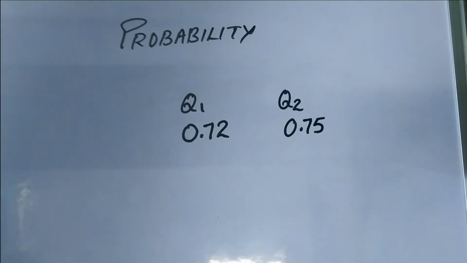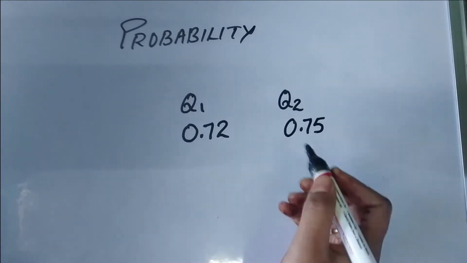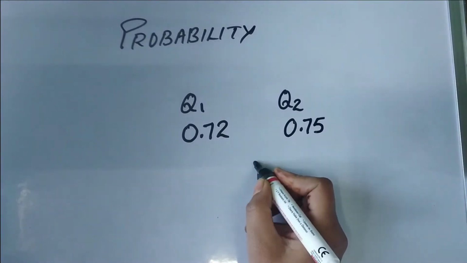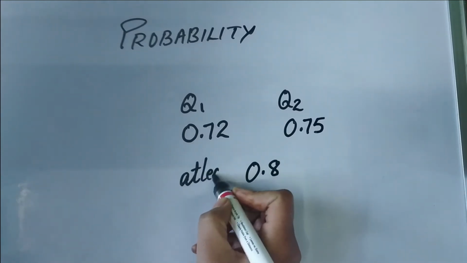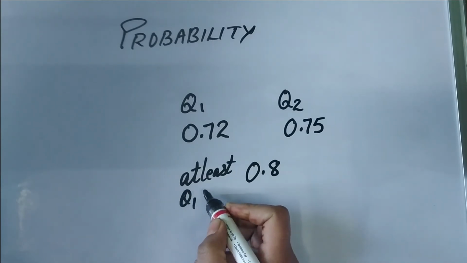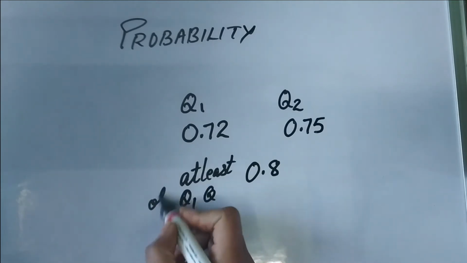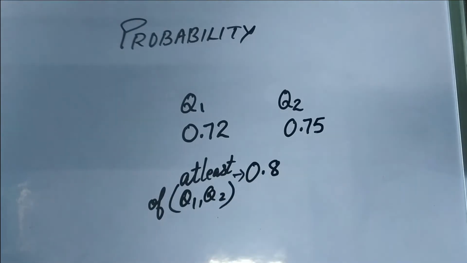is 0.75. Moodle gave me one more piece of data, that the probability of passing at least one of the quizzes, at least one of Q1 and Q2, is 0.8.